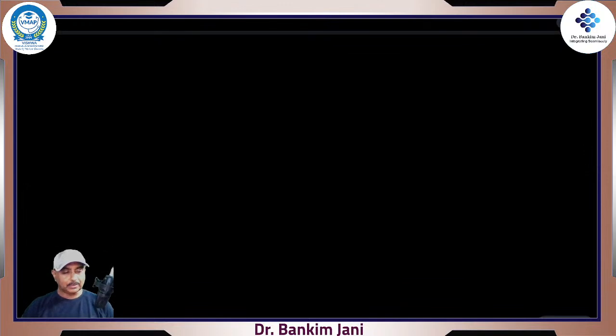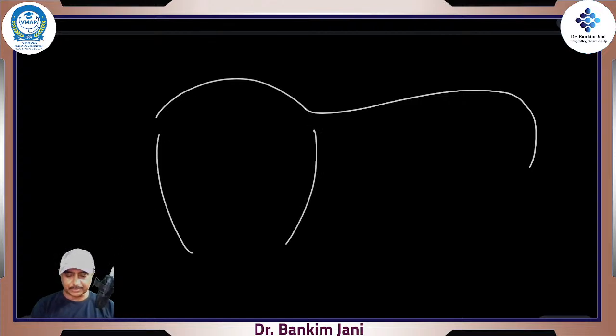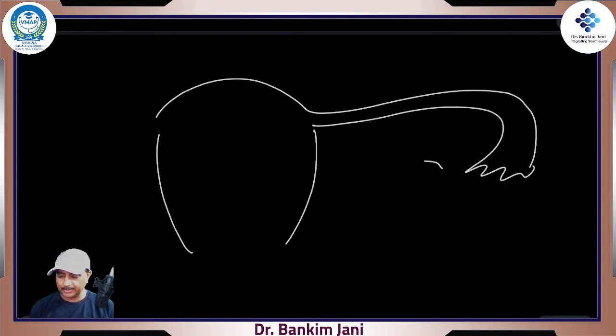Okay, so let's start with our topic. Starting from that, this is the uterus, right? And then here is the fallopian tube, and that's the fimbrial end. And let's take a cut section, right? That's the fimbrial end, and here is the ovary, right?